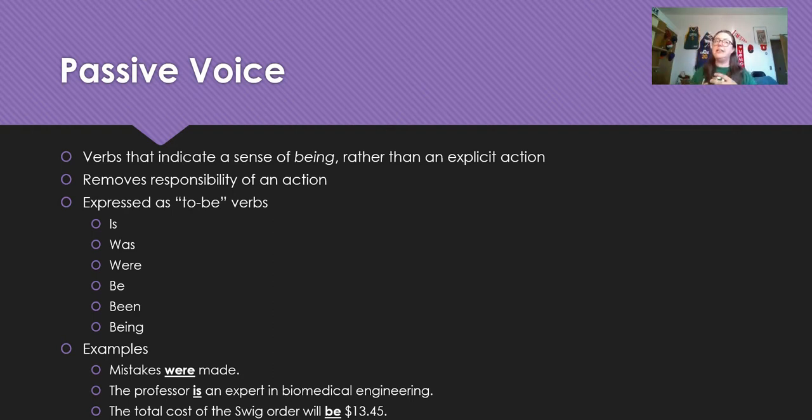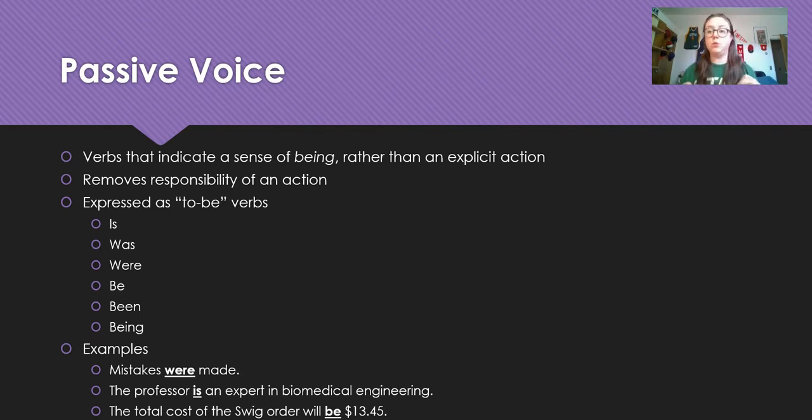And so again, you can see here how if you, for some reason, need any kind of ambiguity, or you want to approach your sentence in a bit more of an abstract manner, passive voice might provide you some rhetorical affordances that active voice or your active verbs would not. Another way that we can look at passive verbs is kind of like an equal sign. So if we were to say the professor is an expert in biomedical engineering, that's like saying the professor equals an expert in biomedical engineering.